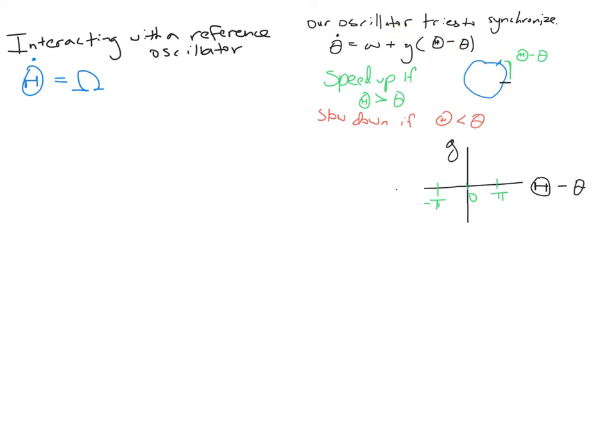Well, when the reference is ahead, we want to speed up. So we would want extra speed, we want g to be positive over here. So I'll just kind of shade that in. We want g to be somewhere up here. And then when it's behind, we'd want it to be negative. Whatever happens at pi should also happen at negative pi. And of course, when the difference is 0, we're probably pretty happy with g.